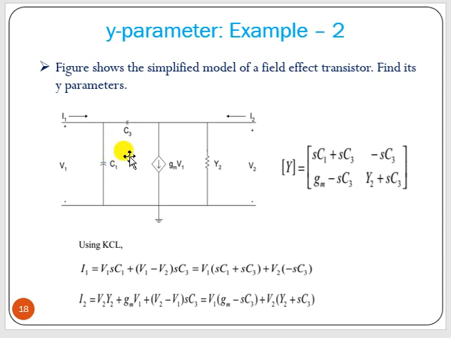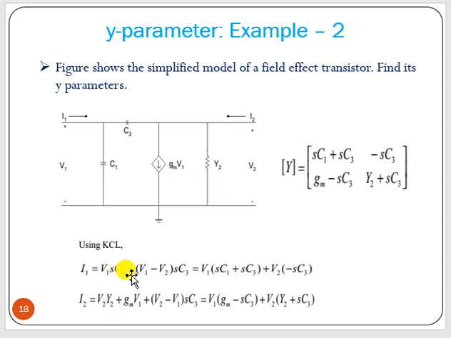Here we have to take the admittance, not the reactance XC. Here the current is V1 minus V2 into SC3. We can rearrange that in terms of V1 and V2. For I2 also, here we have V2 into Y2, the admittance value.